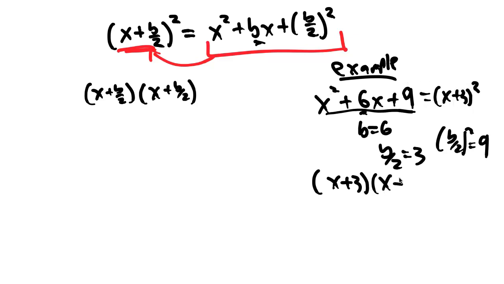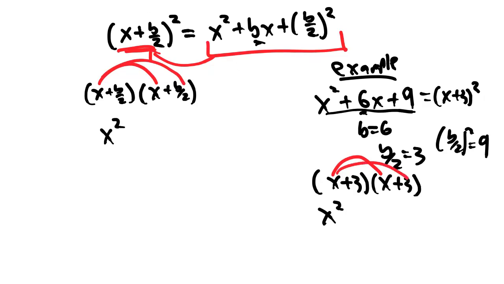So we're trying to prove this is equal to x plus 3 squared. If I have x plus 3 times x plus 3, same process I'm going to do for both. That's why I've shown these side by side. So I FOIL it. First term gives you x squared. Outer terms: in this example, x times 3 is just 3x. And when I do the inner terms, I also get my plus 3x.